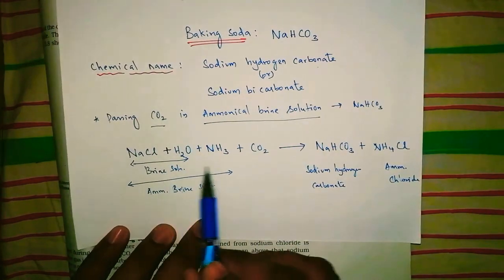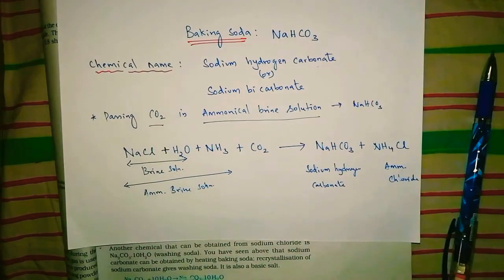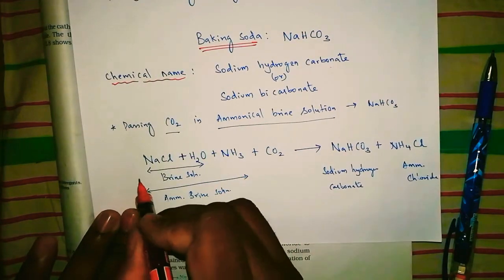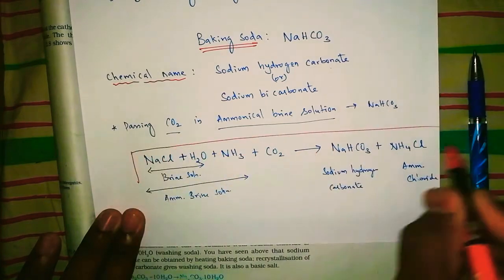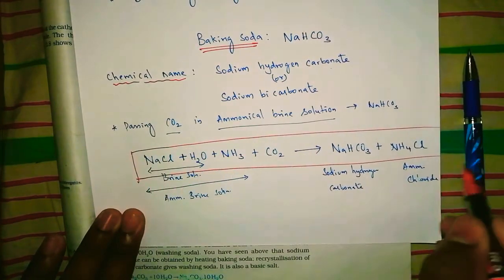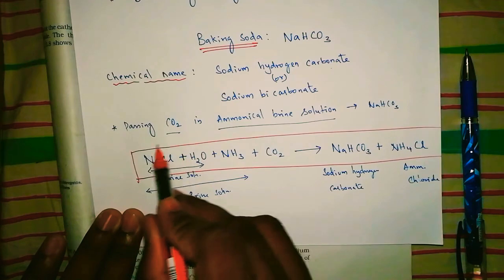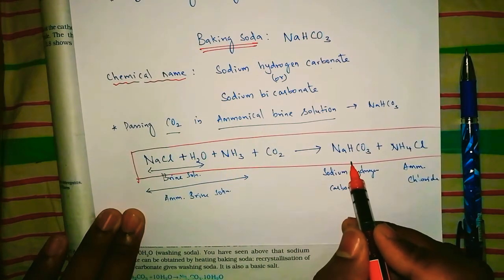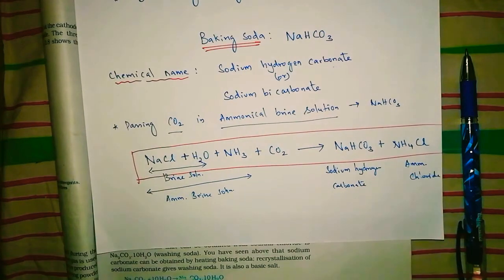But when you are writing the chemical equation on the board, you should write the complete equation. So what we are doing? We are taking complete ammonical brine solution and passing carbon dioxide into it. We are going to get sodium hydrogen carbonate, that is baking soda. That is what is given in your book.